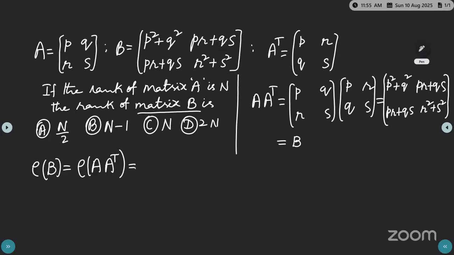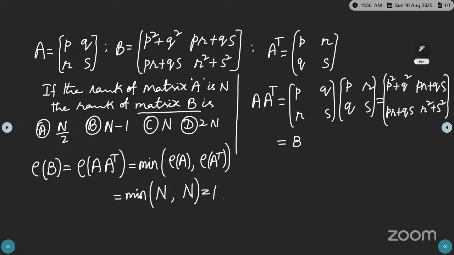Rank of A into A transpose equals the minimum of rank of A, rank of A transpose. What is rank of A? N is already given. So the minimum of N, N is N. So rank of B is N.